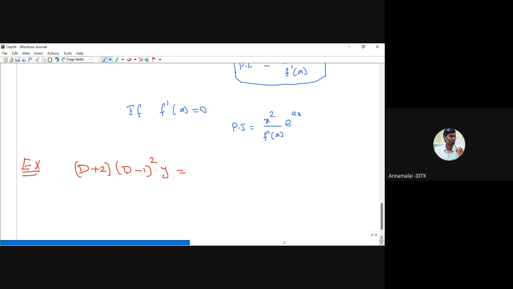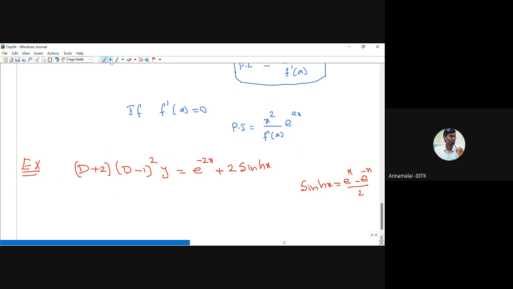So y equals e power minus 2x plus 2 into sinh x. This is a hyperbolic function, sinh x. We know the formula sinh x equals (e power x minus e power minus x) by 2. So therefore everything is nothing but an exponential function.